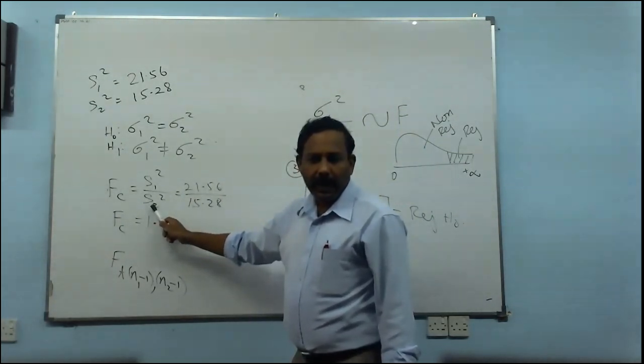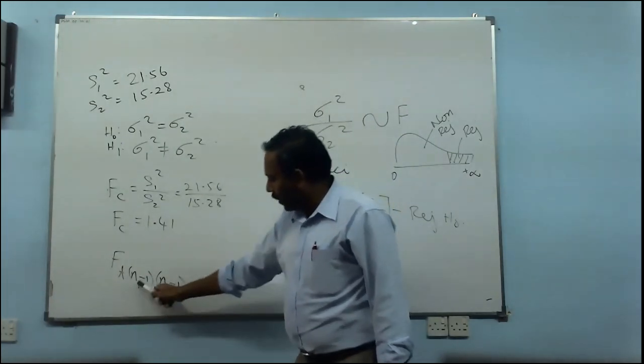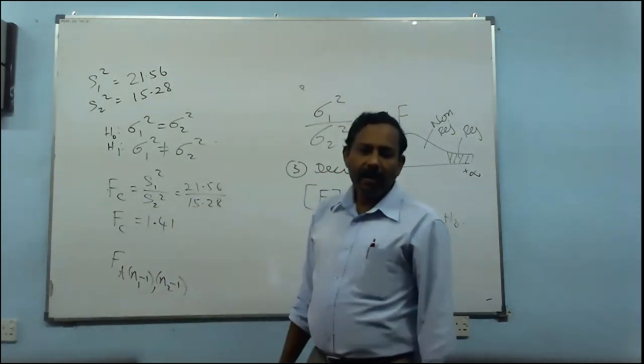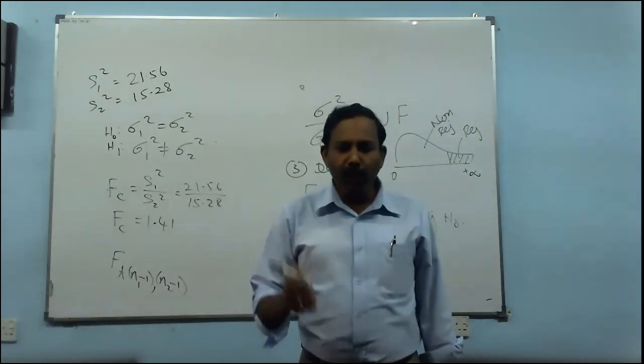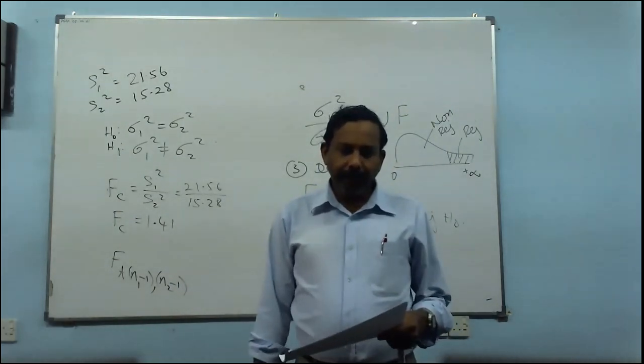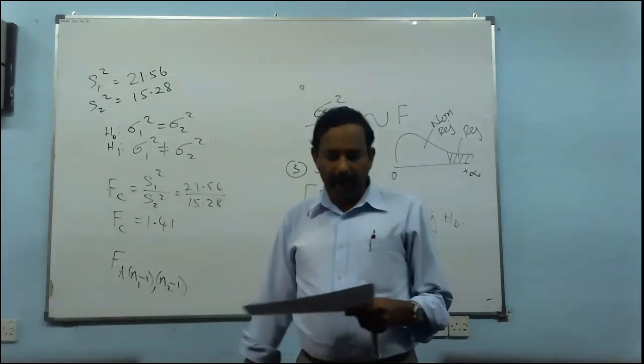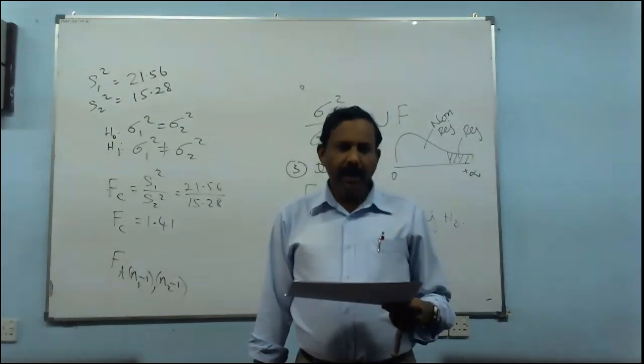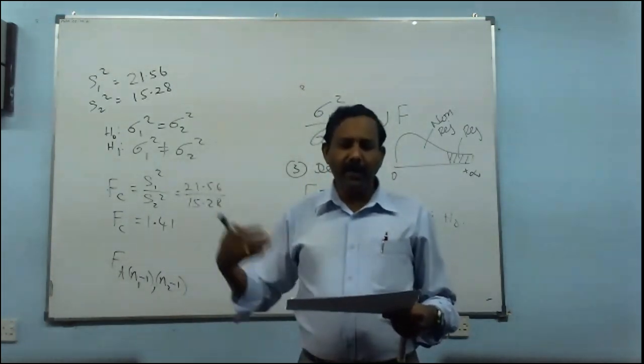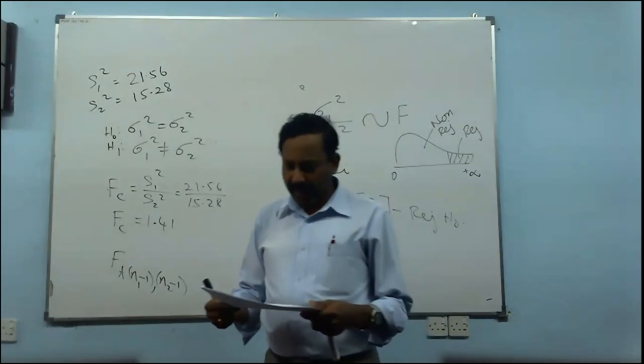So that is how you get the degrees of freedom. What are the degrees of freedom for numerator and denominator, first sample and second sample? 9. Yes, both have 9 because they have equal sample size.